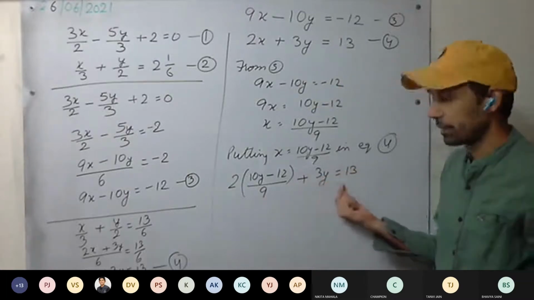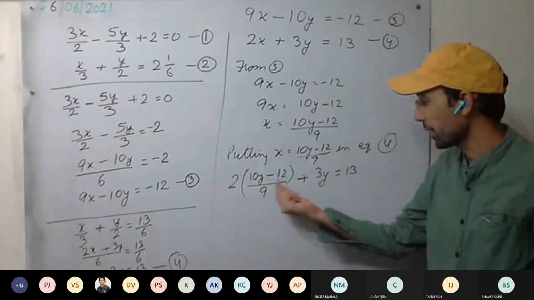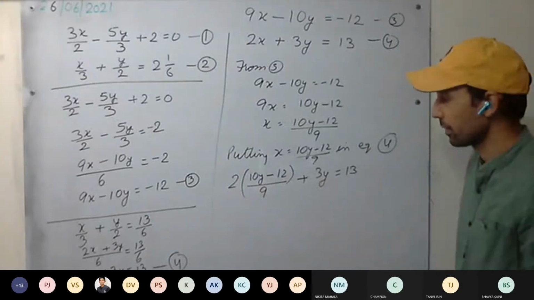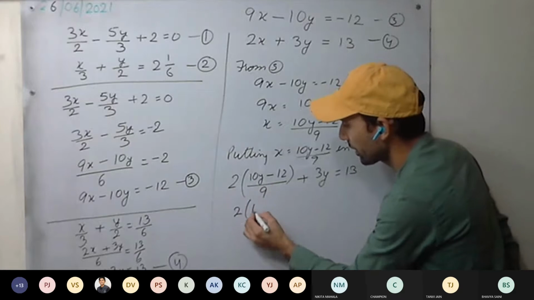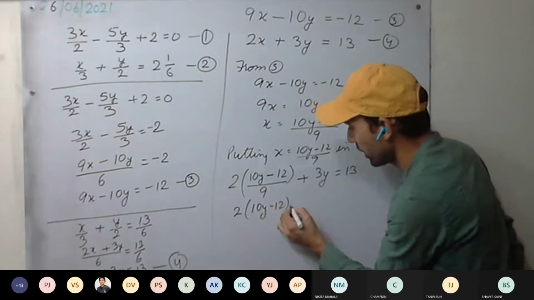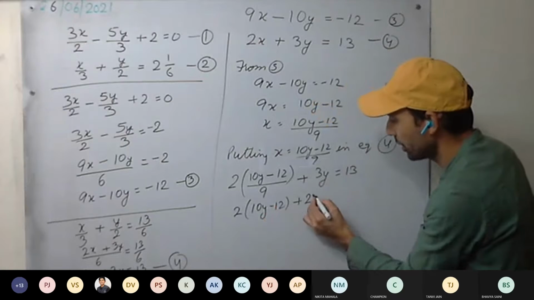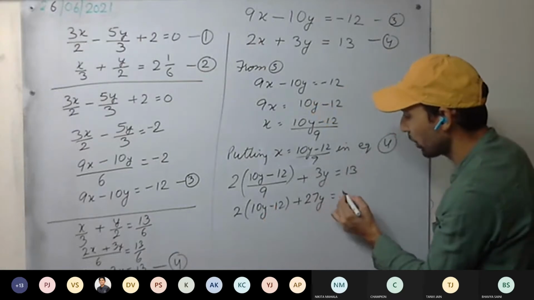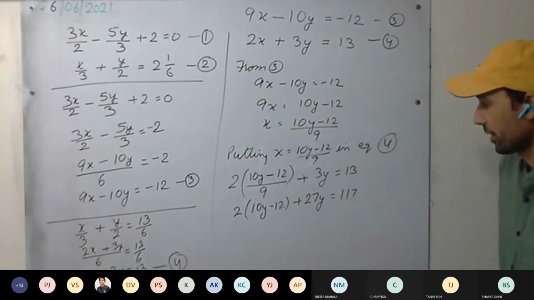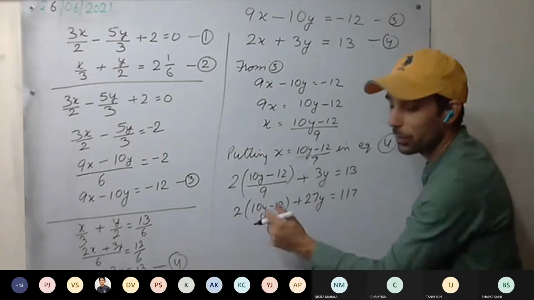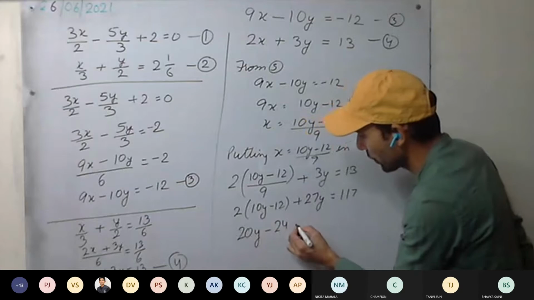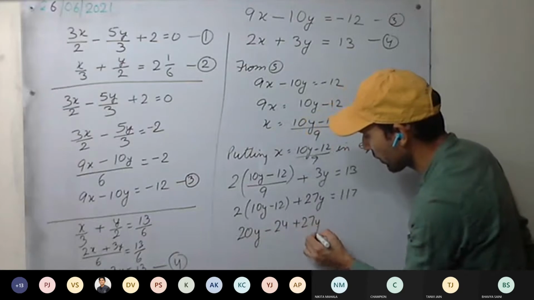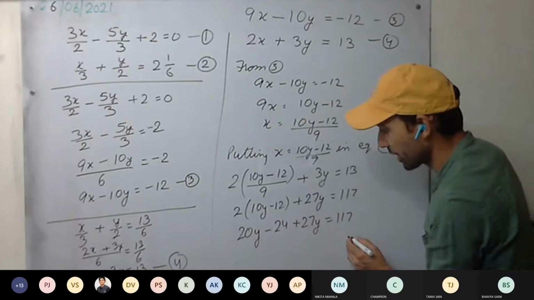Okay. Now we can multiply the whole equation by 9. It will be what? 10y minus 12 plus 9 times 3, 27y. And it will be how much? 117. Okay. Open the bracket. 20y minus 24 plus 27y equal to 117.